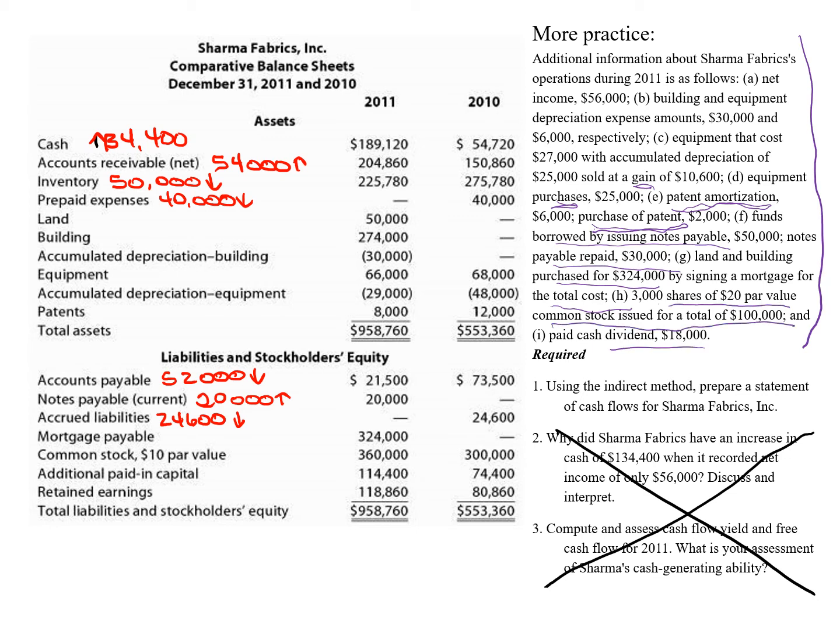So there's lots of things going on. Oh, and they tell me my depreciation, and they tell me my net income. So that's all that additional stuff.